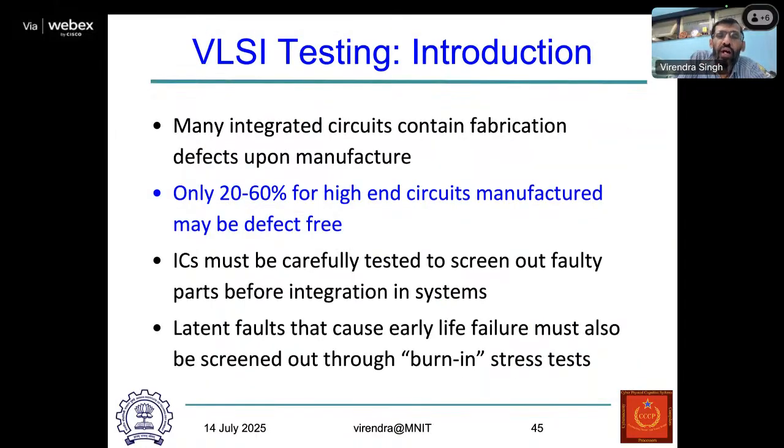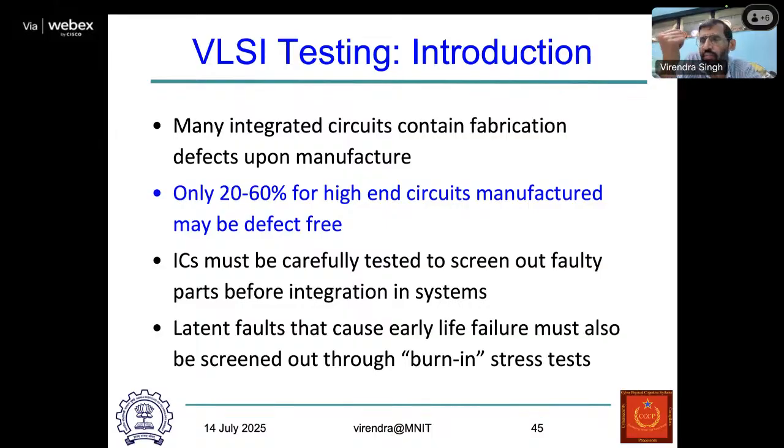So now here, if I say VLSI testing, the main focus and the challenge that we are getting is that the circuits that we are manufacturing come with defects.